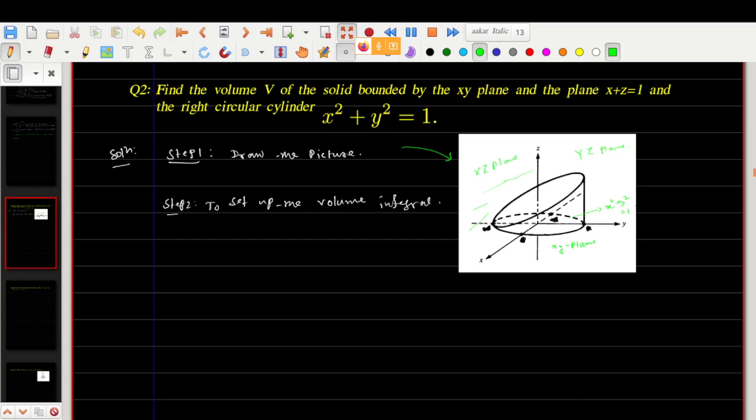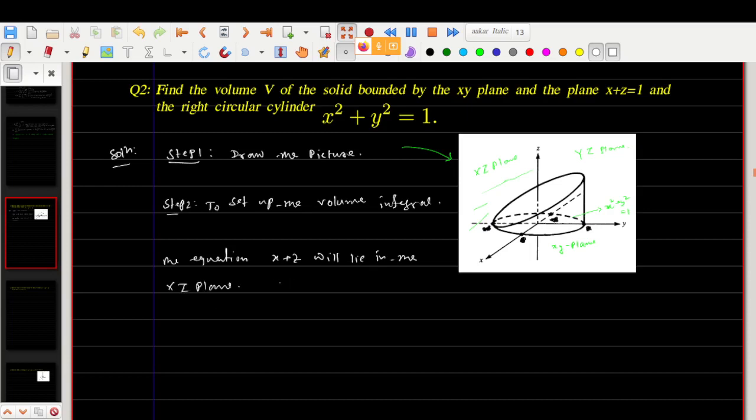So the equation x plus z will lie in the xz plane, right?